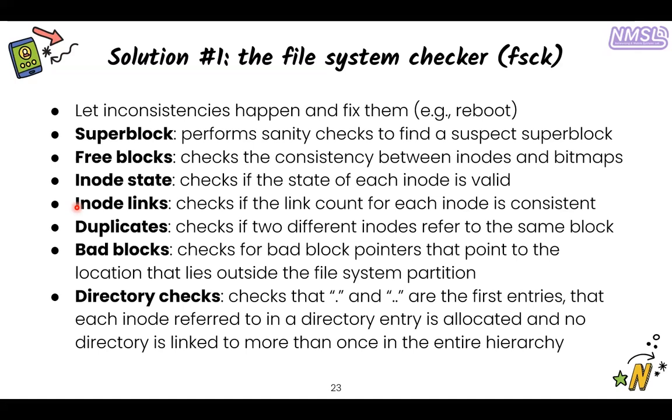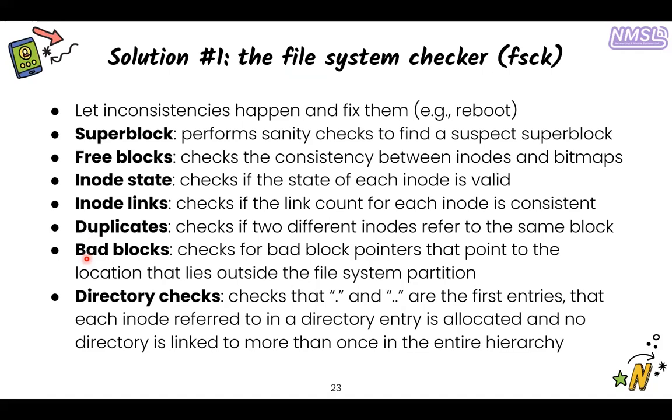It also checks for duplicates. If two different inodes refer to the same block, it's a problem, so it tries to figure out which one's correct. If it is able to, it will just clear something that doesn't make sense. Bad blocks: it checks for bad block pointers that point to locations outside of the file system partition. Obviously something went really wrong there, so if it finds that, again, just undo it.